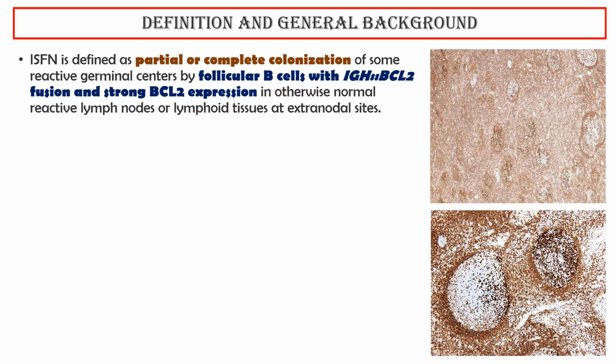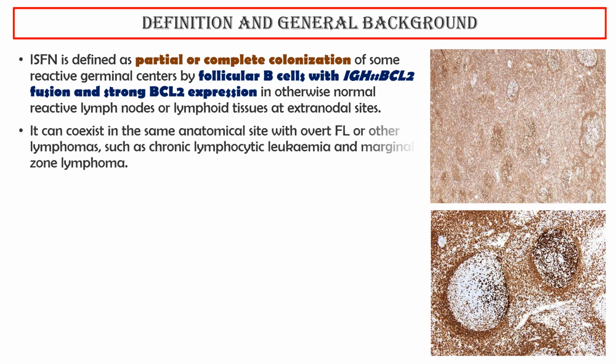In situ follicular B cell neoplasm is defined as partial or complete colonization of some reactive germinal centers by follicular B cells with IgH BCL2 fusion, and strong BCL2 expression in otherwise normal reactive lymph nodes or lymphoid tissues at extranodal sites.